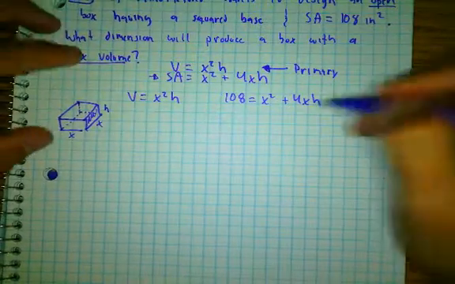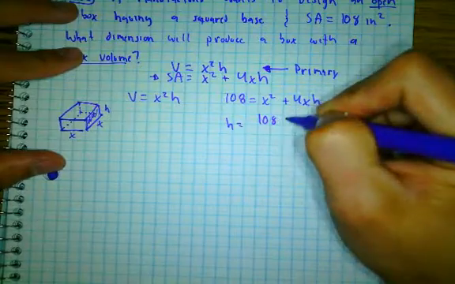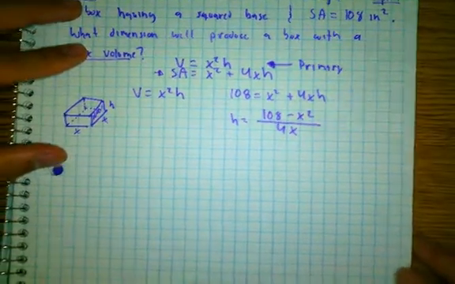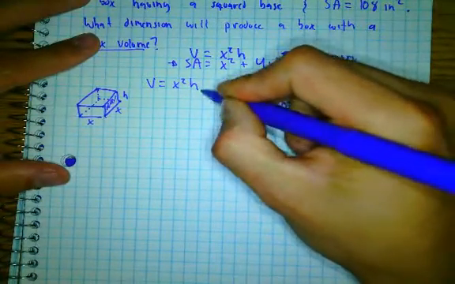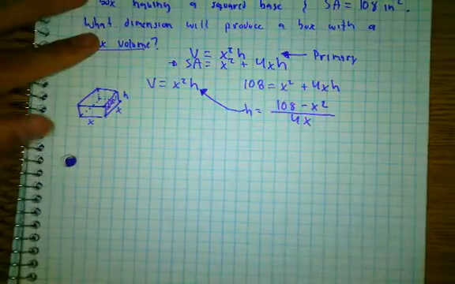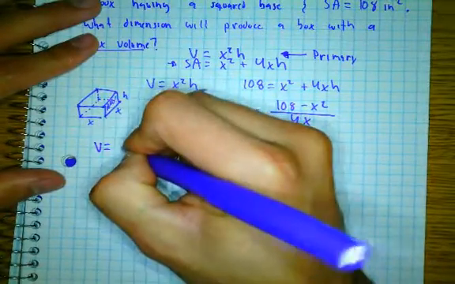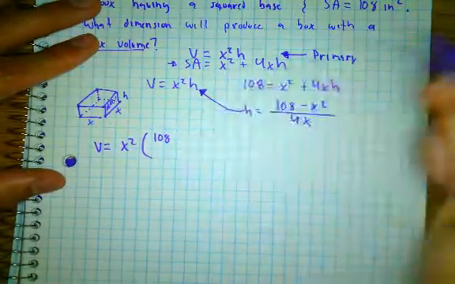Right? Okay. Now that you have h, you are going to plug it into that formula right there. Okay? So volume equals x squared times 108 minus x squared all over 4x. If I'm going too fast, let me know so I can slow down.